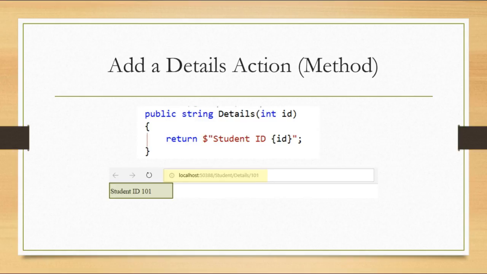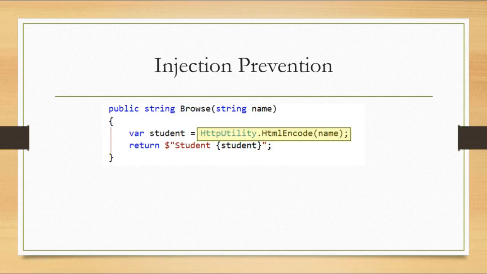When you have a string as an input, you can have what's called injection, and people can put nasty stuff in your code. So with this, we're going to create a method called browse. We're going to pass it a string name, and we're going to use this static class here called HttpUtility.